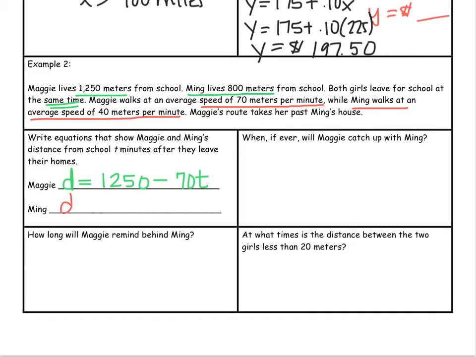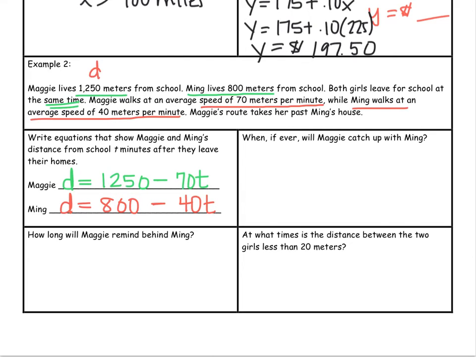If we do the same thing for Ming, Ming lives 800 meters from the school. She is walking at 40 meters per minute. And again, as she gets closer to school, her distance is decreasing.